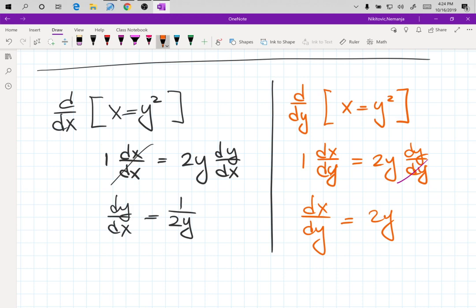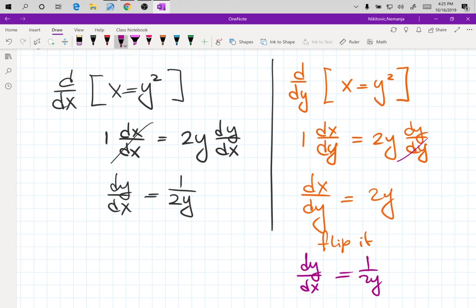Come on, say it. They are not reciprocals. They are the same. Flip the one on the right, because for a fraction, if you flip one side, you have to flip the other one, right? Flip it. What do you get? They are the same.